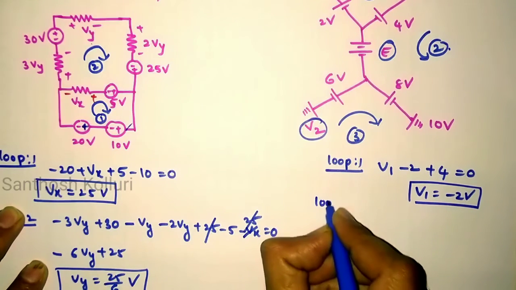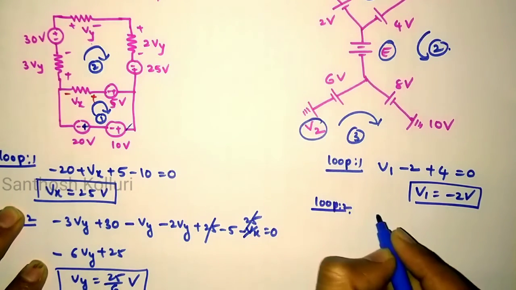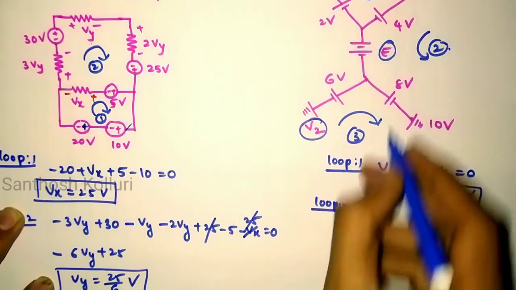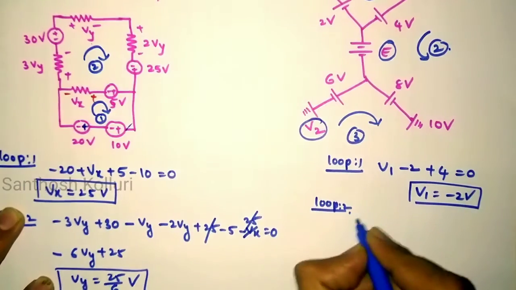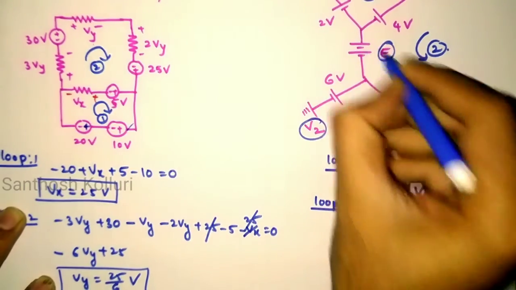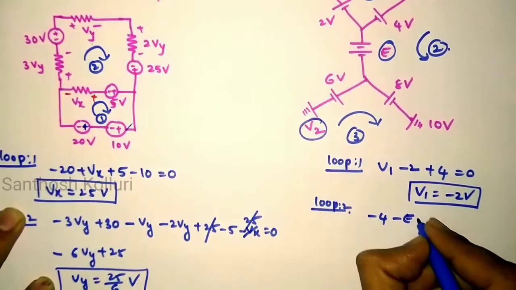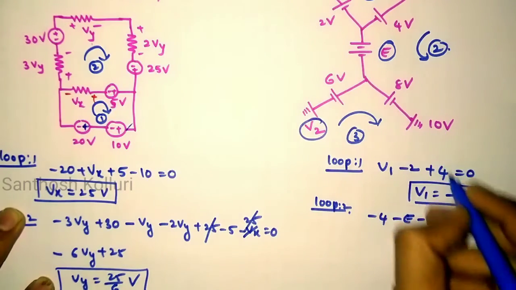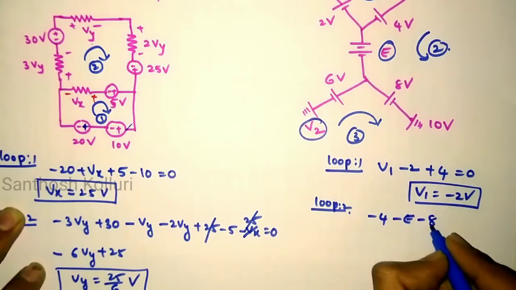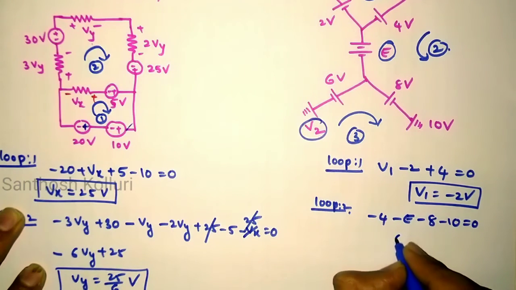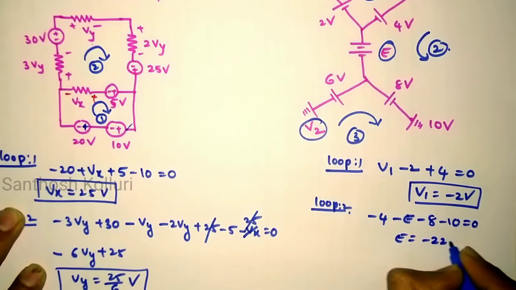In loop number 2, I am starting from here. Plus 4 is there, minus 4, plus is there, minus E, plus 8 is there, minus 8. Plus 10 is there, I am writing minus 10, is equal to 0. From this E can be written as minus 22 volts.